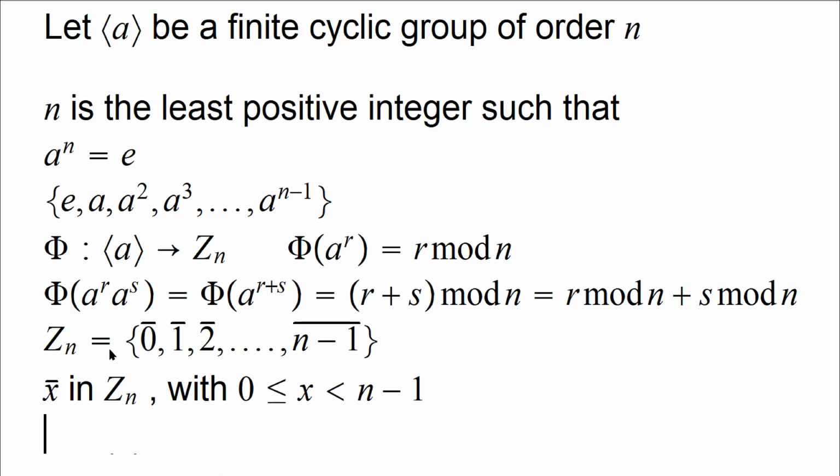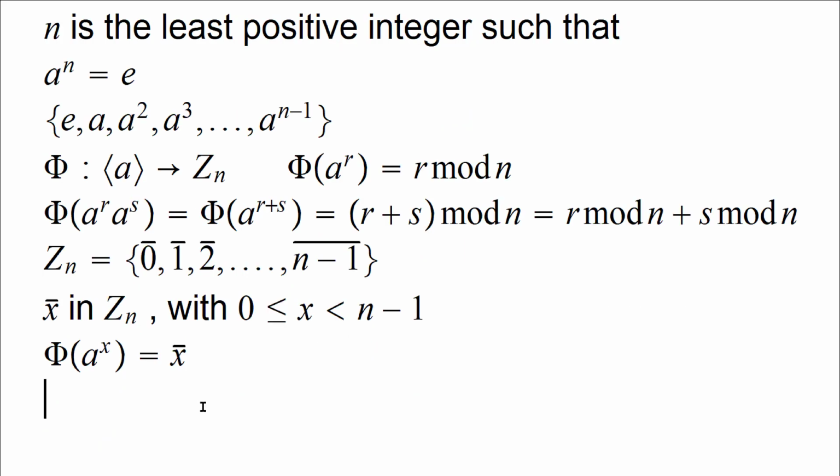What happens is phi of a to the power x is going to be simply x bar. So x equals x bar, and I think we should stop distinguishing between them at this time. This shows you that the mapping is onto, because you could take any element in here, then there is a pre-image in here.